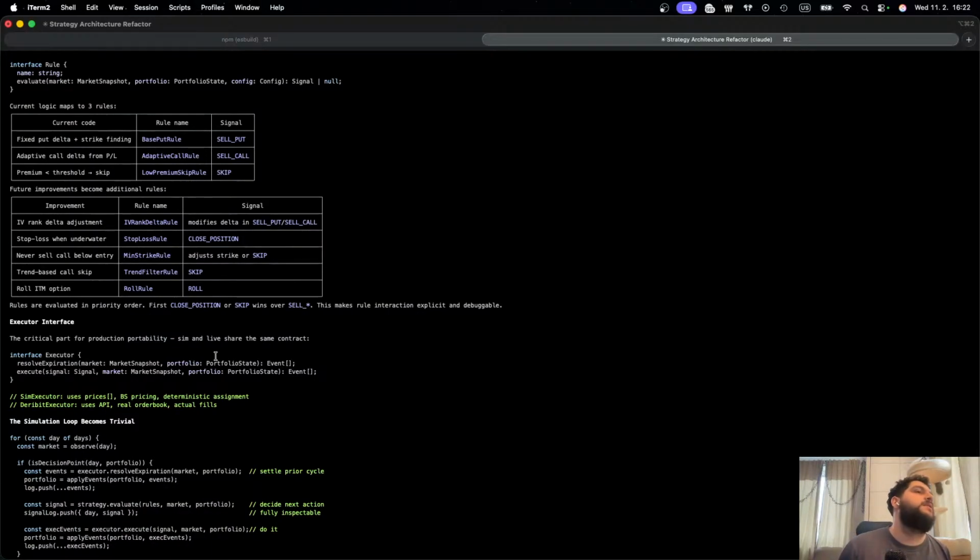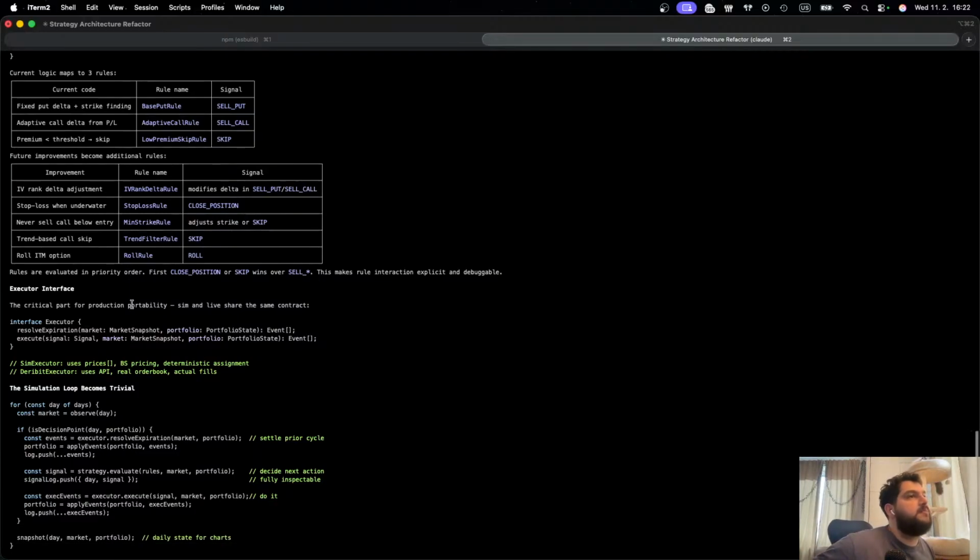Rules are evaluated in priority order. First, close position or skip. Closing overrides sell. This makes rule interaction explicit and debuggable. Executor interface is a critical part for production stability.